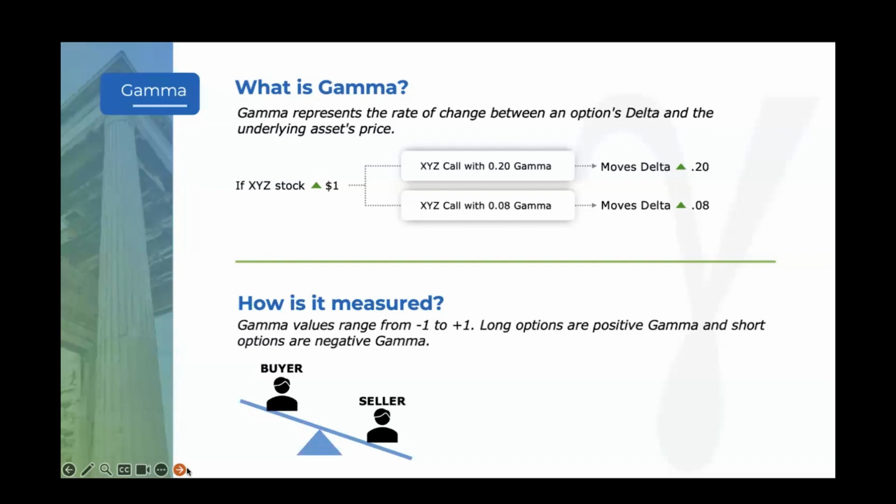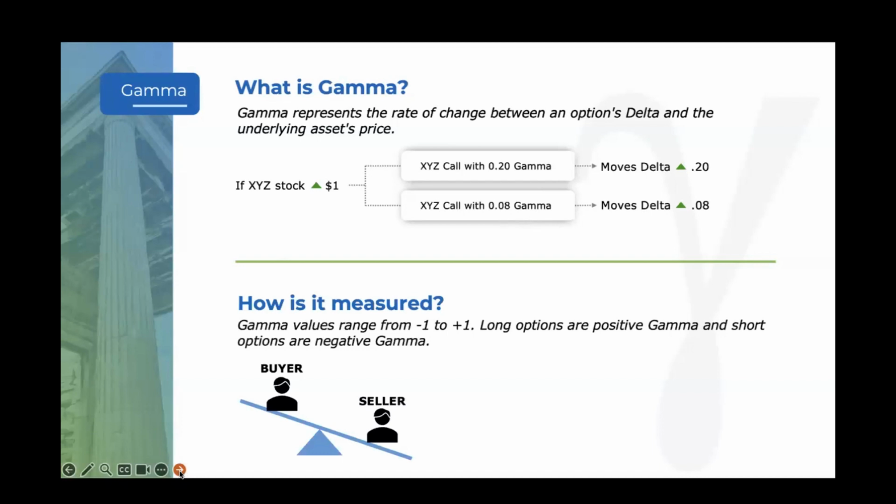We'll bring that back. Long options are positive gamma because they are directional. So we want a higher engine to get us to that destination, because a higher gamma is going to get us closer to that delta we're looking for. Short options have negative gamma, and that's because they recognize their maximum profit potential when delta is at 0.